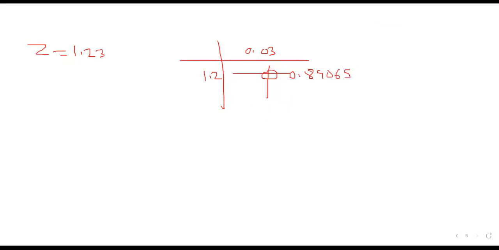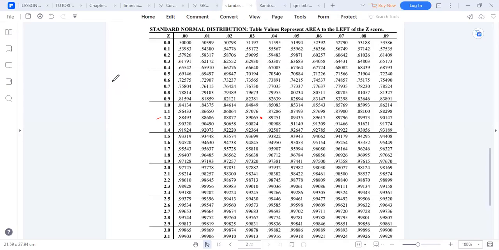Okay. Now I want you to help me. Give me the reading of 1.67 or 1.96. Pick any one. 1.96 is 0.97500.